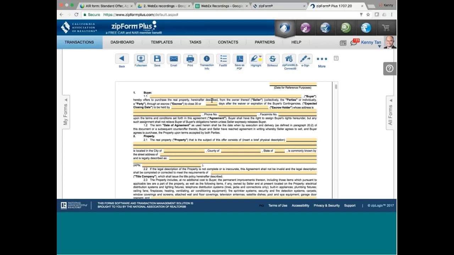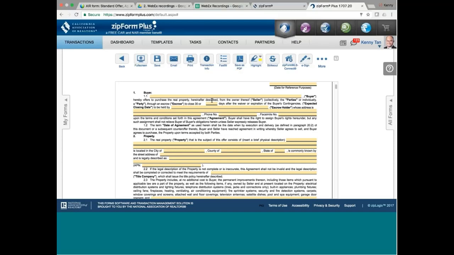Okay, so what does it mean to remove contingency actively? I have agents who've been doing this for 2 years now who still don't know the difference between active and passive. I want to make sure that after today, everybody knows the difference between active removal and passive removal.